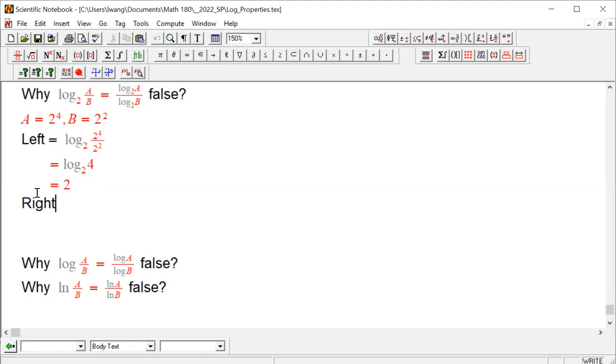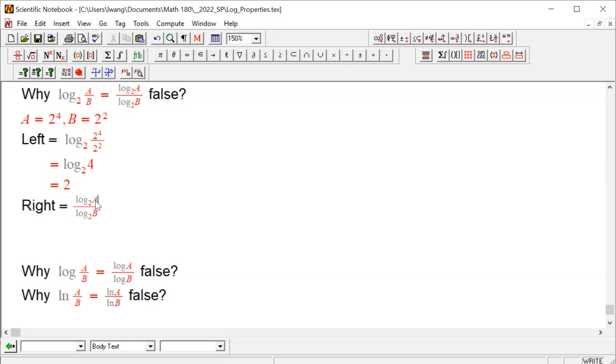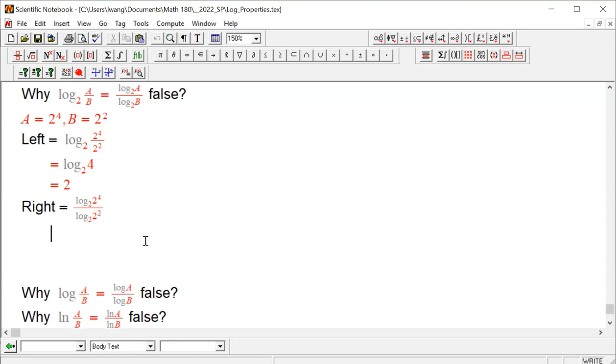Let's look at the right-hand side. Right-hand side, we have to do the logarithm first. So A is 2 to the power 4, and B is 2 squared. So the top is equal to 4.